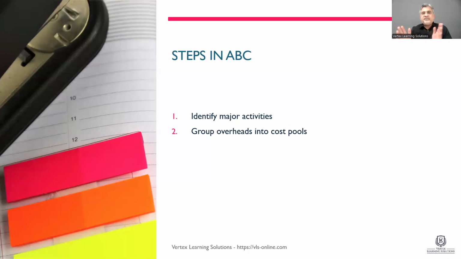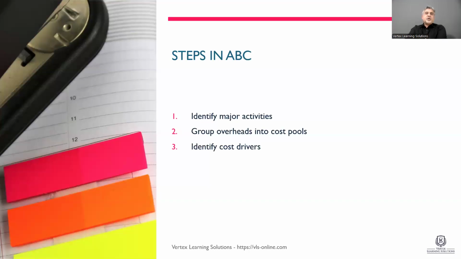When I say delivery cost, it will have many different costs, like the cost of the delivery truck itself, which means the insurance of the truck, the depreciation, the fuel and maintenance, repair of the truck, plus the driver, maybe the loader. That is also part of the delivery cost. All of them we put together and group into cost pools. So we make one cost pool which has several different costs related to one particular activity. We call them cost pools.